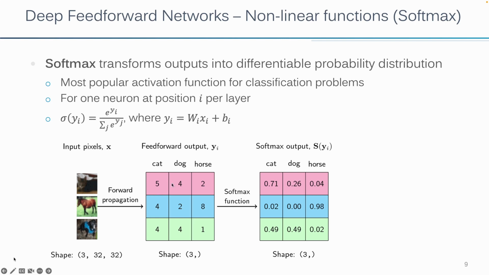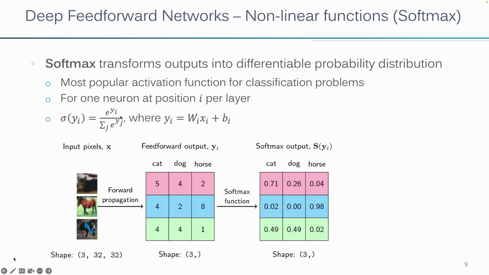If you do max, you cannot differentiate through the other neurons anymore because you disregard them in the max operation. Softmax makes all of them differentiable, so we can also propagate back through the values that were not good, not just the ones that were good. So we give feedback not only on cat, but also on dog and horse.